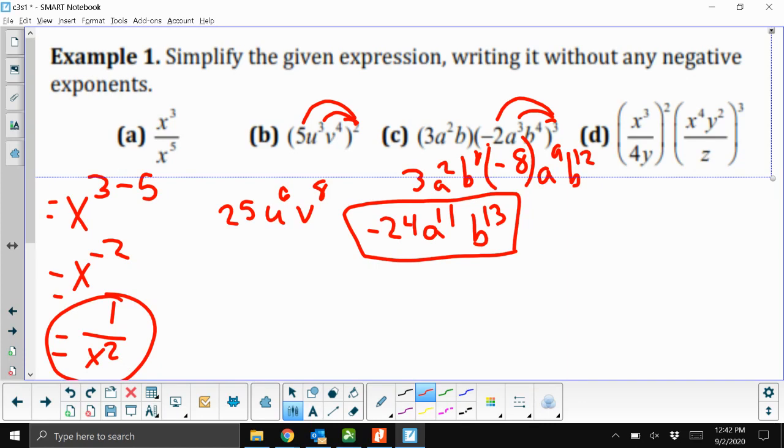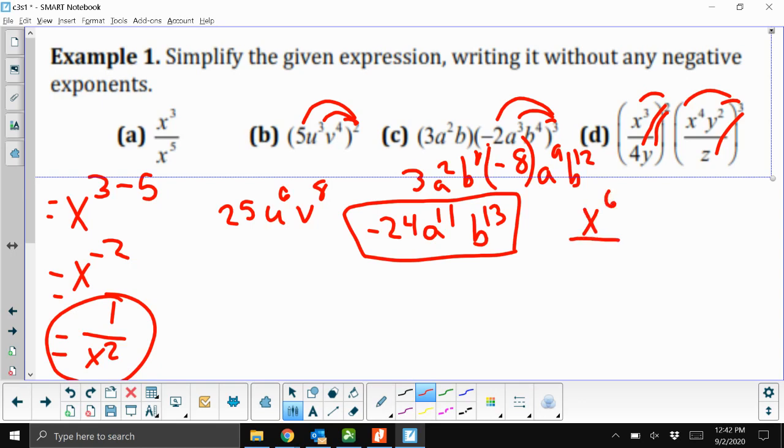All right. So now D's kind of the most involved one here because we've got a lot of work to do before we can even start simplifying this. So we got to distribute that square to everything there. And we got to distribute this cube to everything here. So let's start off with that. So x cubed to the second would be x to the 6th.